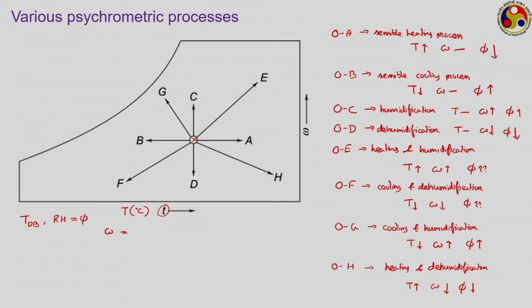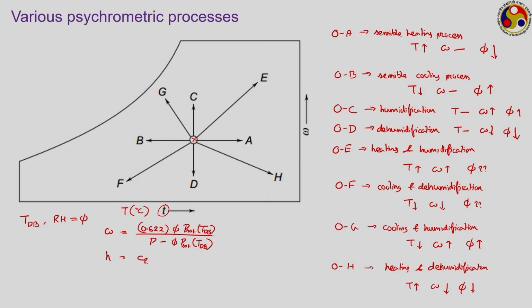You know that omega and phi have a relation: omega equals 0.622 into phi times the saturation pressure corresponding to the given dry bulb temperature, divided by pressure minus the saturation pressure times the relative humidity. So, we can get omega from there, and once you get omega, we know how to calculate enthalpy.